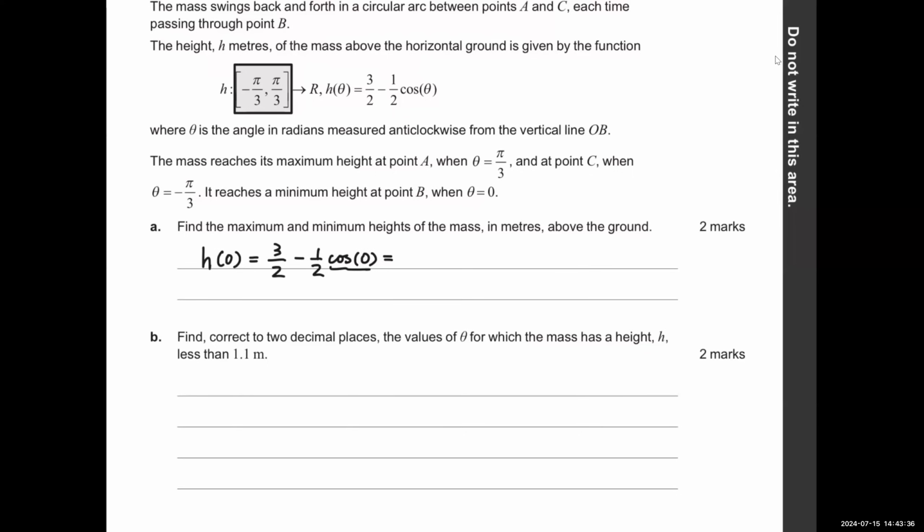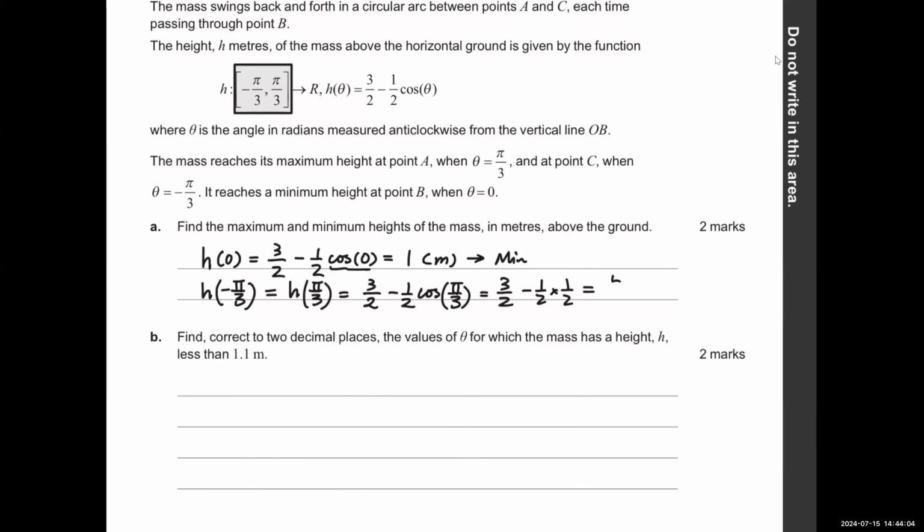So 3 over 2 minus half is 1 in meters, I suppose. So this is my minimum height. And h of negative pi over 3 equals h of pi over 3 due to the symmetry of the cosine function. You get 3 over 2 minus half times cosine pi over 3, and that gives you 3 over 2 minus half times half. So I should get 5 over 4 or 1.25 meters. So that is my maximum height, okay?